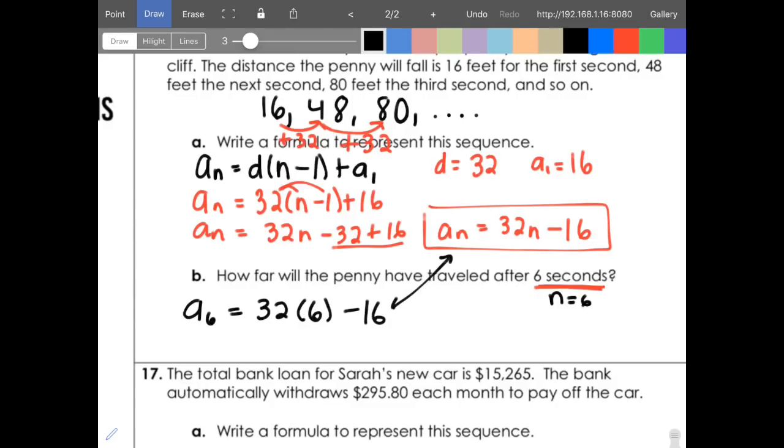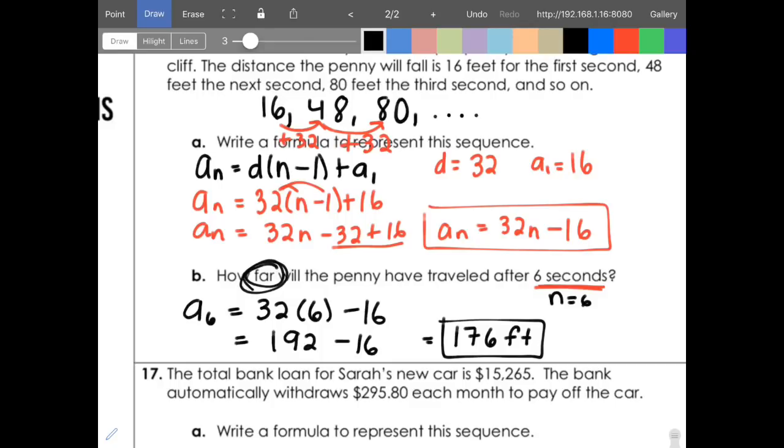We're just plugging it into that formula. So 32 times 6 is 192, minus 16 is 176. Don't forget to label: how far will the penny have traveled after 6 seconds? 176 feet. It will have traveled 176 feet after 6 seconds.